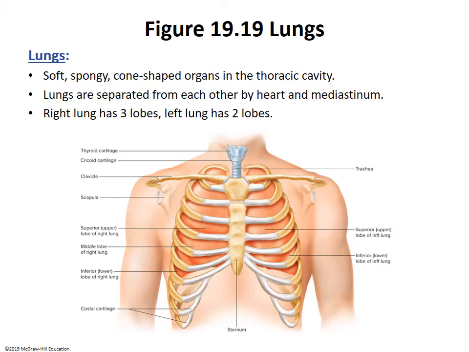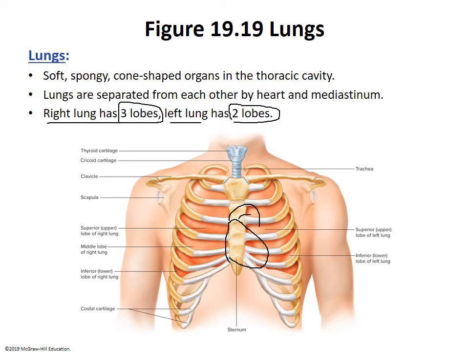Now the lungs themselves, hopefully everybody has two lungs. There's going to be a difference between the right and left lung. The right lung is going to be a little larger and it's going to have 3 lobes, where the left lung is only going to have 2 lobes. Now, one of the big things is you're going to have a big structure located right about here that we know of as the heart, right?